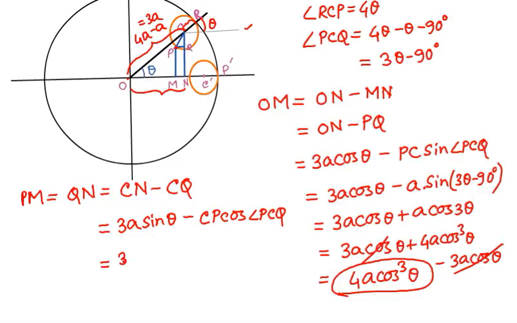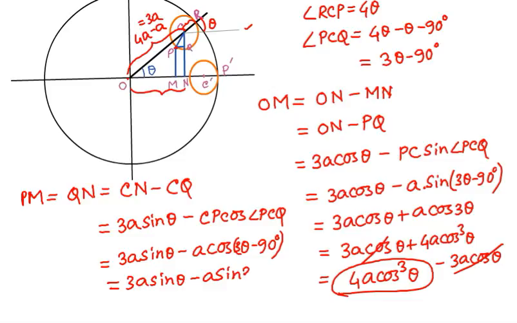So in this case it will come out to be 3a sine theta minus a cos of 3 theta minus 90. So this time it will come out to be 3a sine theta minus a sine 3 theta.